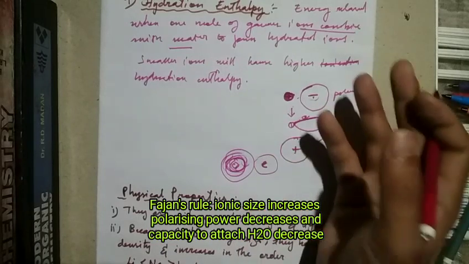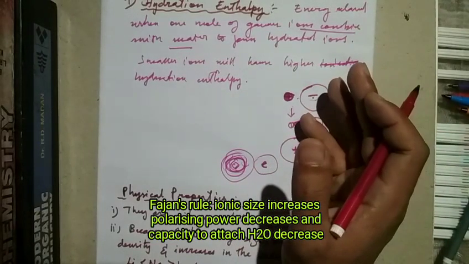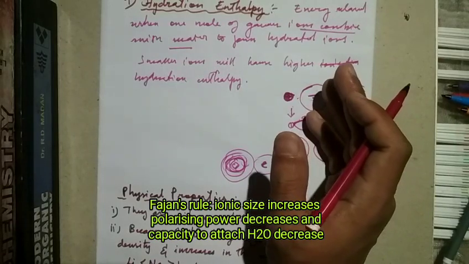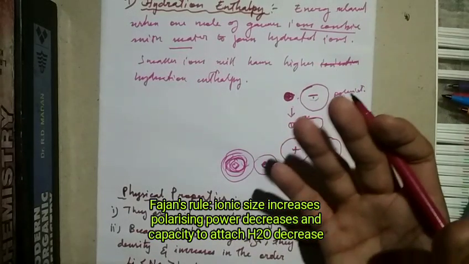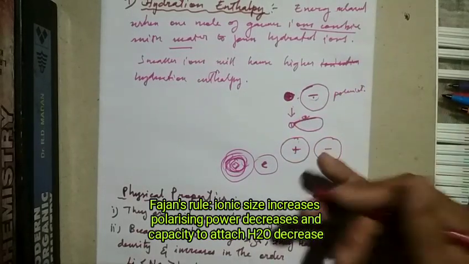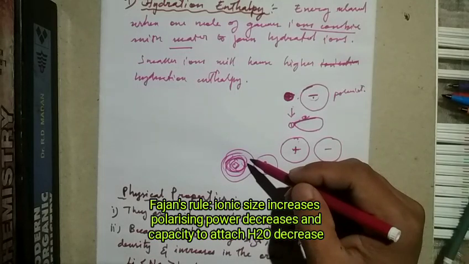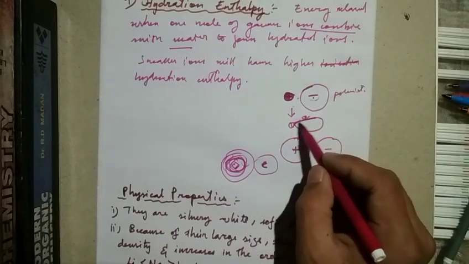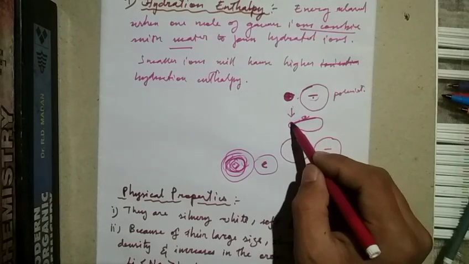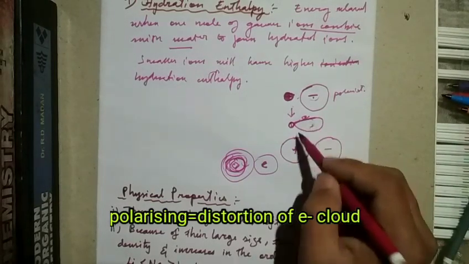According to Fajan's rule, when ionic size increases, polarizing power decreases, and therefore the energy to attach water molecules also decreases. Polarizing power means the power to distort these electron clouds.